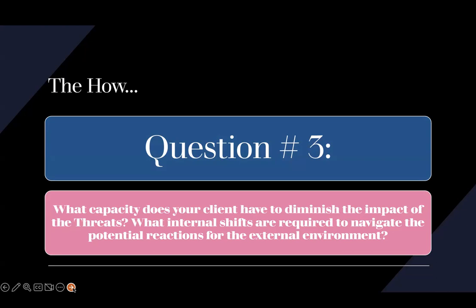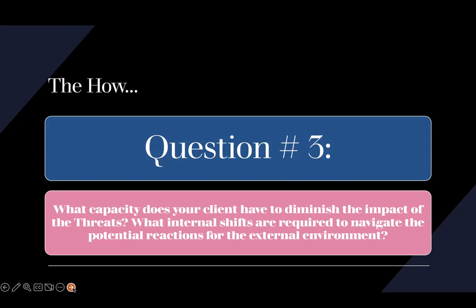So can I influence it at all? Can I change the way people are going to look at me? Maybe not. So then that leads to the question of what internal shifts might be required to navigate the potential reactions from or for that external environment.